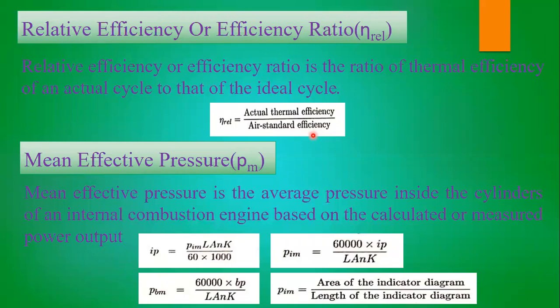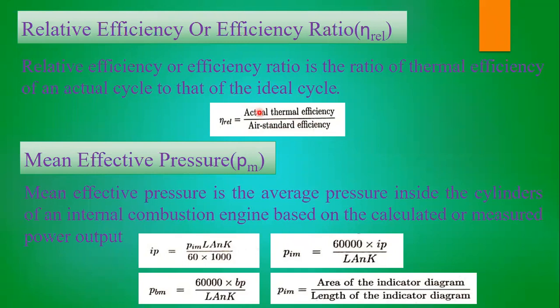So it is the ratio of actual to the air standard efficiency. If the relative efficiency is high, then the performance of the engine is going to be good. Otherwise, if it is low in comparison, then it is not going to be a good engine in performance. That's why we need to know about relative efficiency.